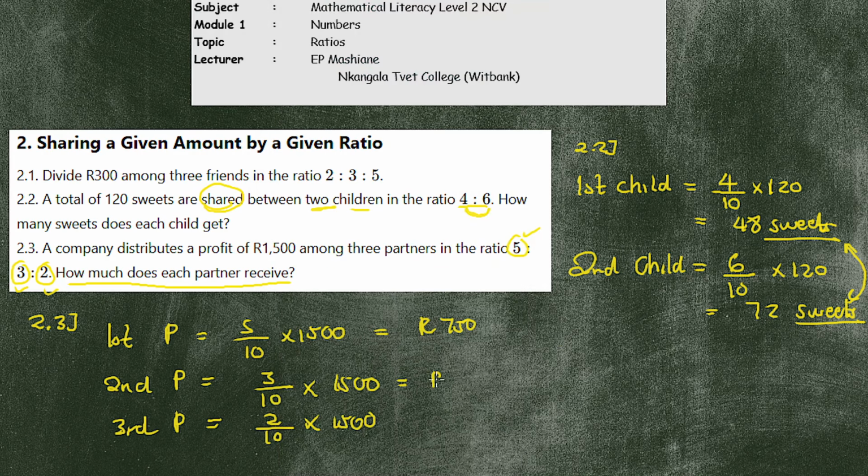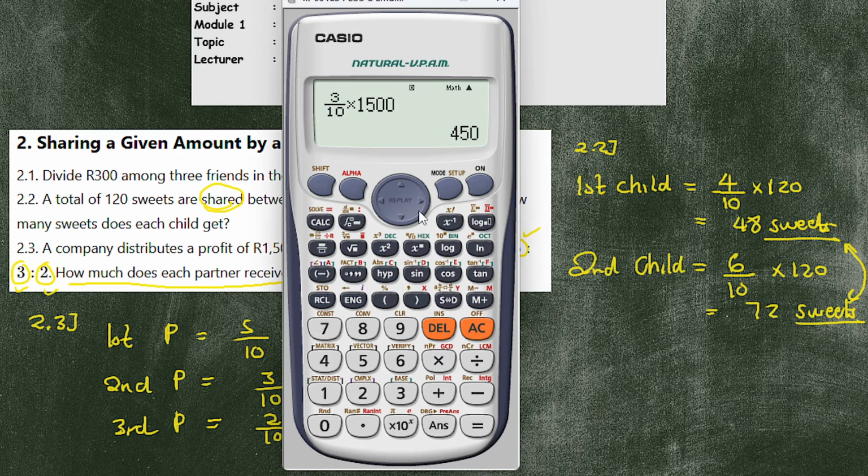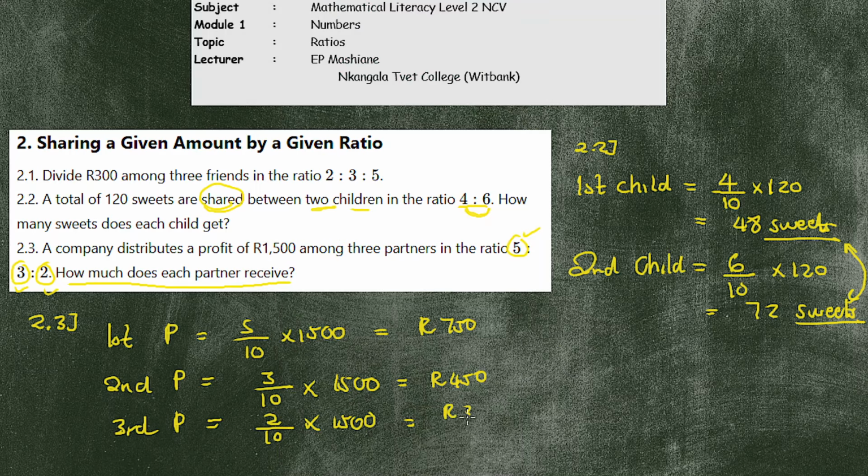I'm getting a 450, and then for the last partner, it's gonna be a 2. So this one is getting what? 300. So this is how we share, or how we work with cases of ratios where we have to share a given amount by the given ratio.